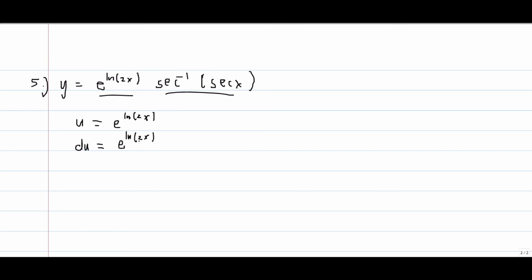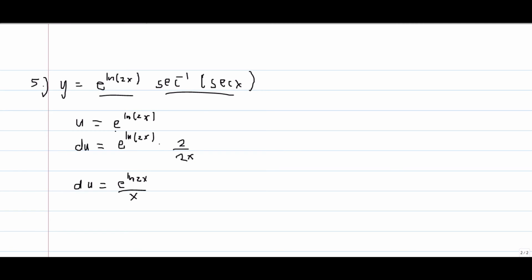then the derivative of ln 2x, so we apply the chain rule. The derivative of ln 2x, then we also derive the 2x, so we have 2 over 2x. So du here is equal to e to the power ln 2x over x.